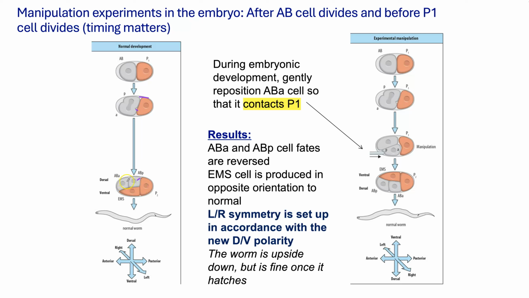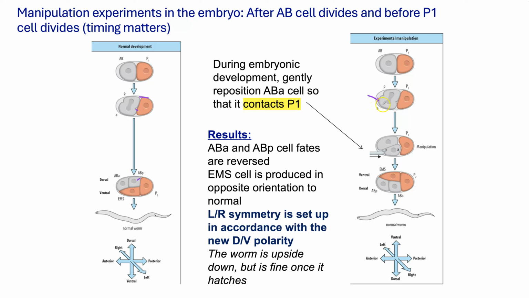So right after these form, and before P2 has formed, there is a way to, you can't just move cells around willy-nilly, but if you take a glass pipette that's not sharp, you don't want to poke or damage anything, you can actually put pressure on the anterior part of this and just push it.